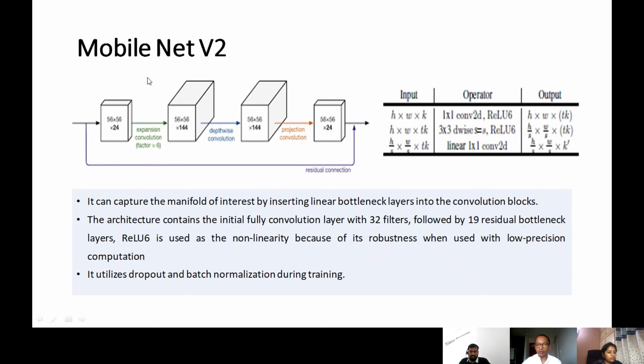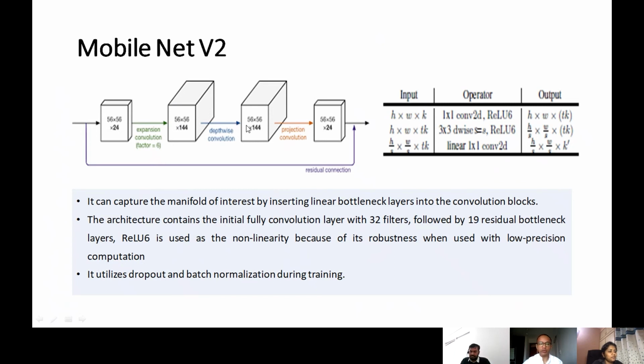Now if we take the depth of the image and apply depthwise convolution, we will be having 24 frames of 56 cross 56, and all these 24 frames can together be taken as one instance of the data itself. Now this 56 cross 56 cross 24 data, that is called a linear bottleneck, is then probed into multiple depthwise convolutions in between.